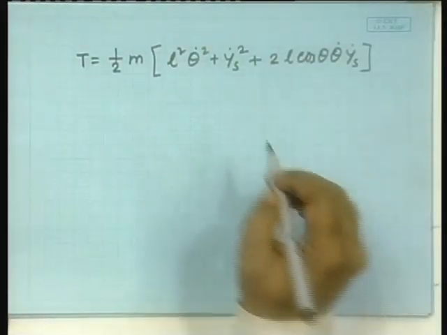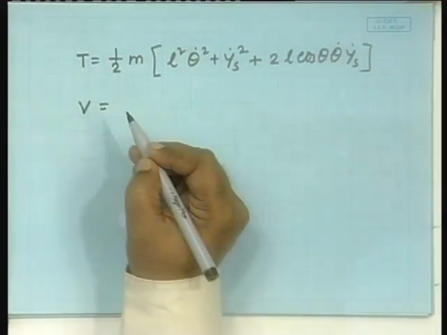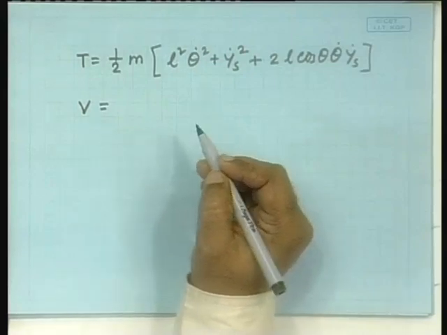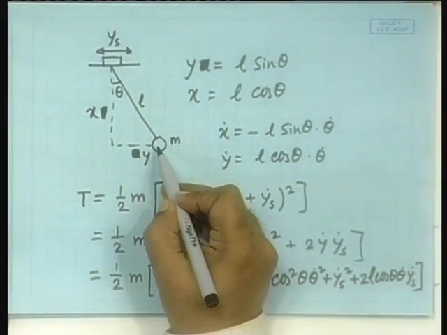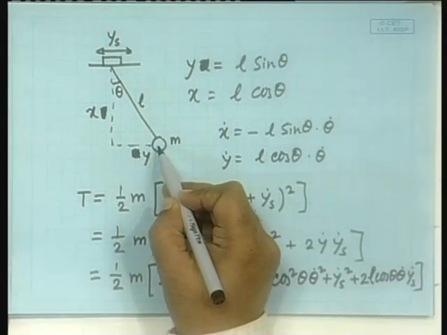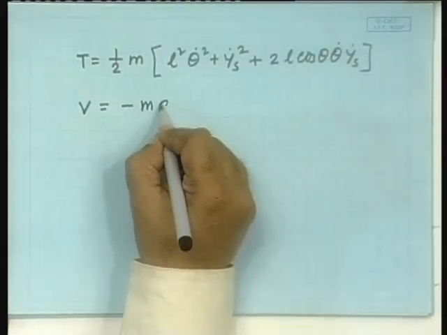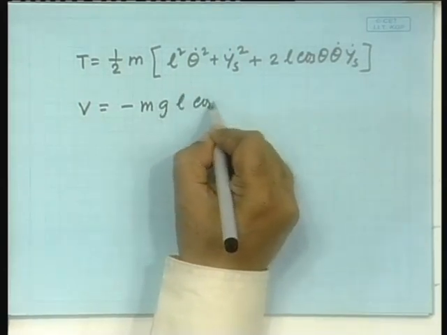So we have written the T, and then we have to write V, the potential energy, and the potential energy is pretty simple because it is in no way different from the simple pendulum. For the simple pendulum we had written minus mgl cos theta. So minus mgl cos theta.